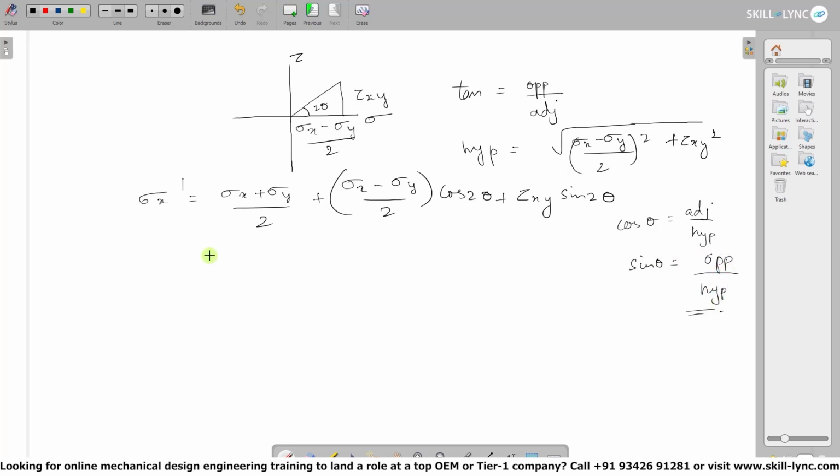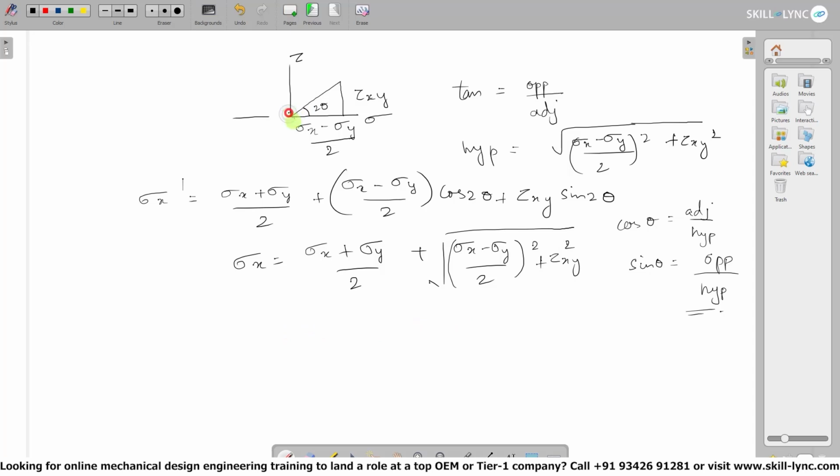After substituting and simplifying, we get sigma is equal to sigma x plus sigma y by 2 plus root of sigma x minus sigma y by 2 the whole square plus tau xy square.